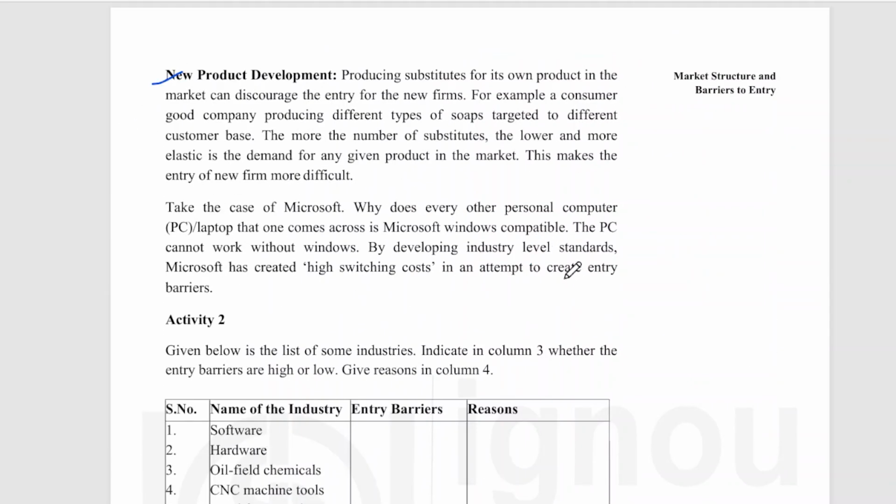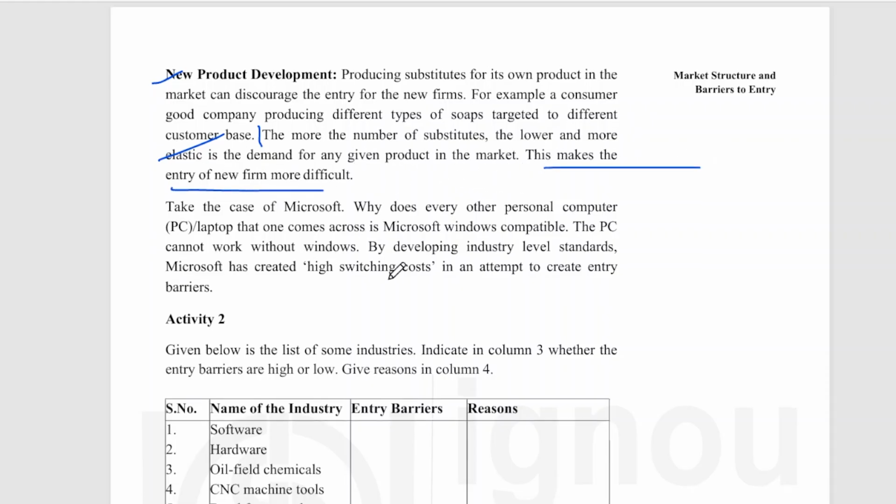Producing a substitute for its own product in the market can discourage the entry of a new firm. For example, a consumer goods company producing different types of soap targeted to different customer bases. The more substitutes there are, the lower and more elastic is the demand for any given product in the market. This makes the entry of a new firm more difficult.